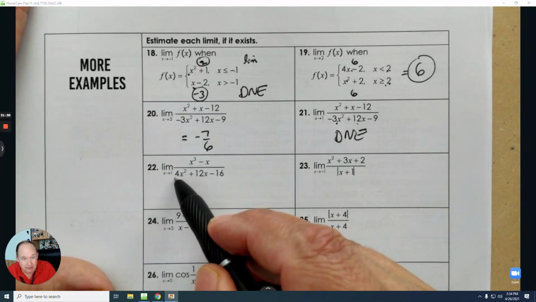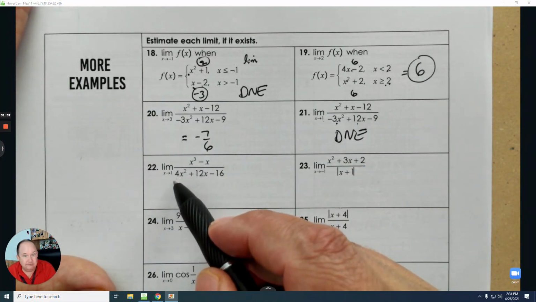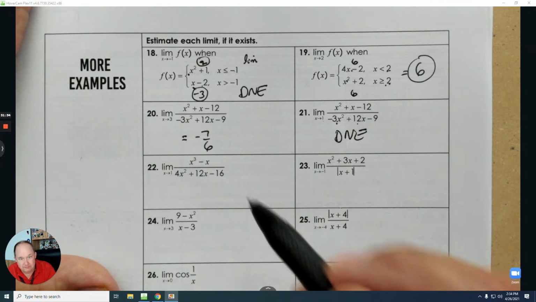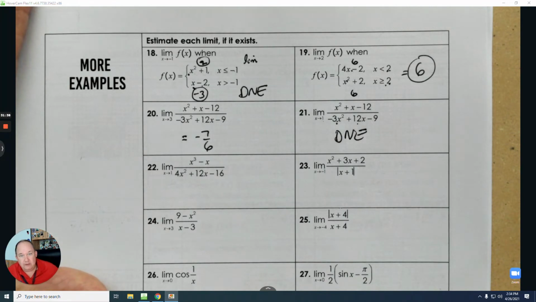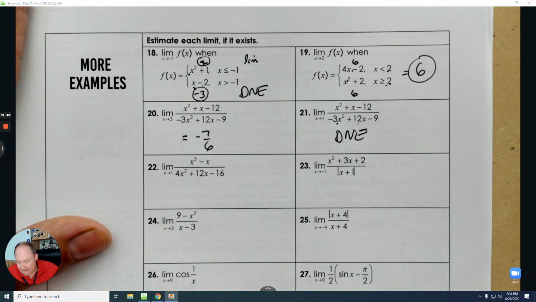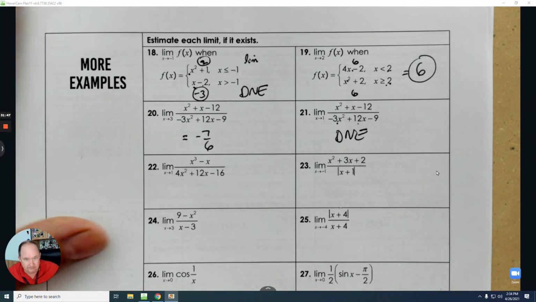If I plug +1 in here for 22, this one creates a hole in the graph. So if I wanted to evaluate that limit, I could evaluate it off a graph to understand and see what it is.